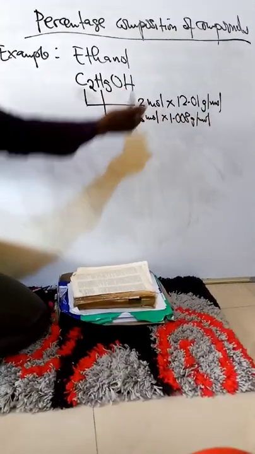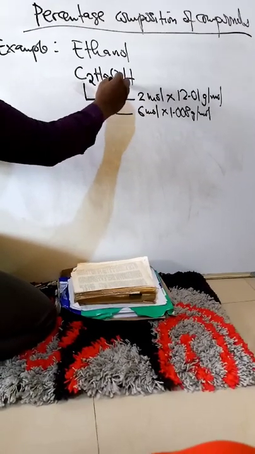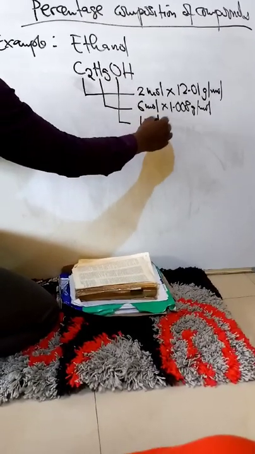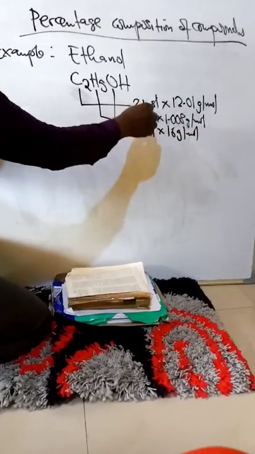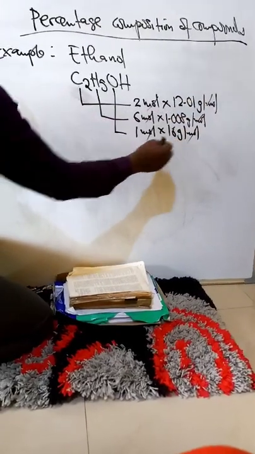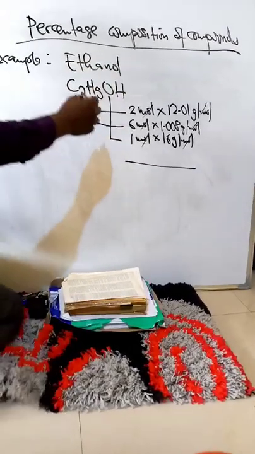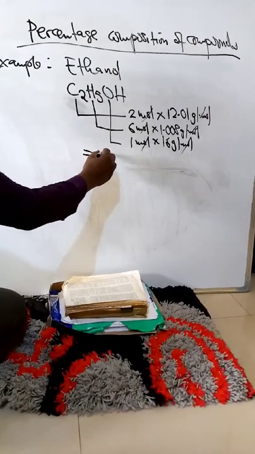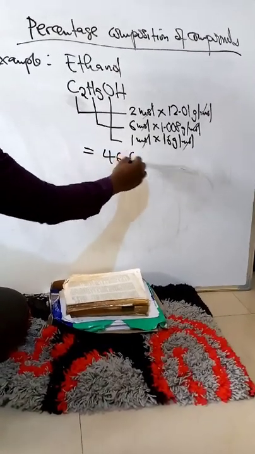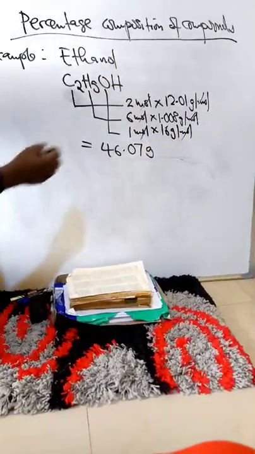So here we are calculating the molar mass of ethanol. Then oxygen, we only have one more times 16 gram per mole. As you can see, the moles will cancel, we will simply remain with the grams. So when we multiply and add, we'll find that the molar mass of ethanol is giving us 46.07 grams.